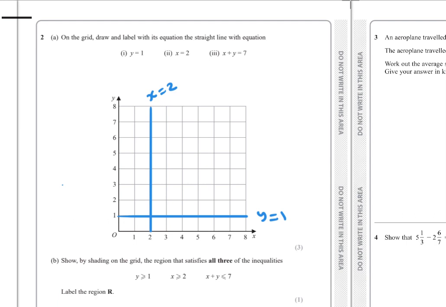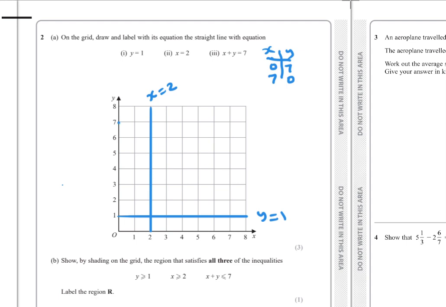The last line, x plus y equals 7, is this diagonal line. To draw this line, we need 2 points. If you put x equals 0, y equals 7. If y equals 0, x equals 7. So (0, 7) and (7, 0).